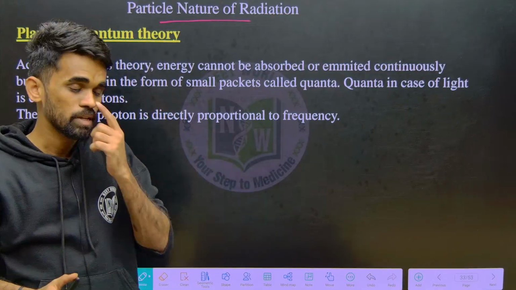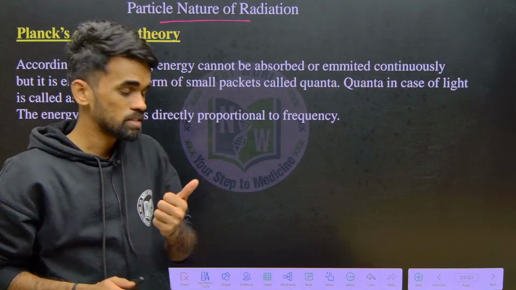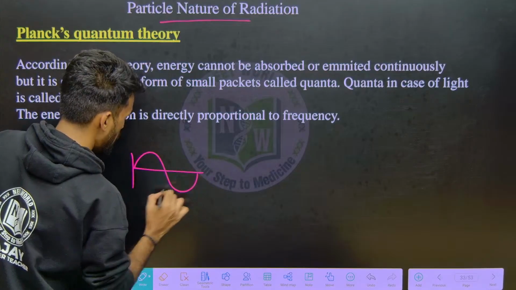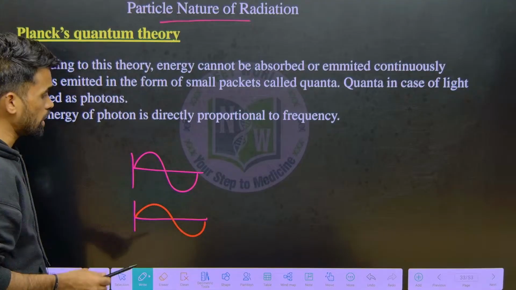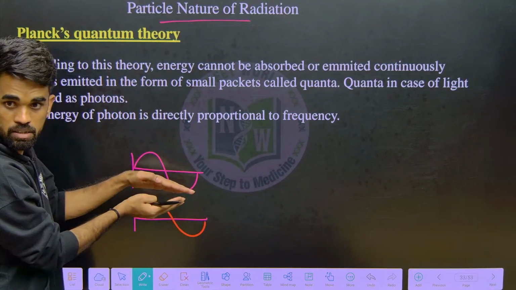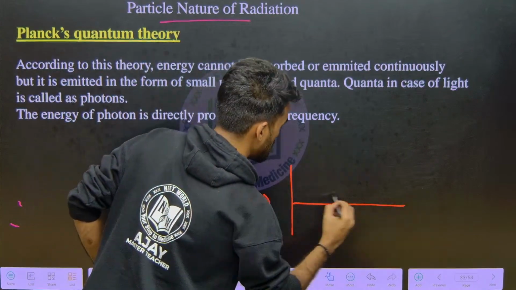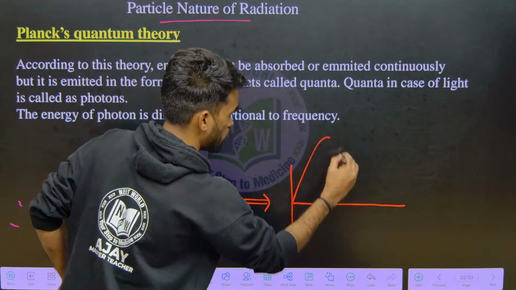Okay. Next, interference. What do we mean by interference? For example, I have two waves. Let us say this is wave number 1 and I have wave number 2, like this. Now when these two waves are merged, what happens to the resultant wave? We will get a resultant wave with the sum of these two amplitudes, like a bigger one.